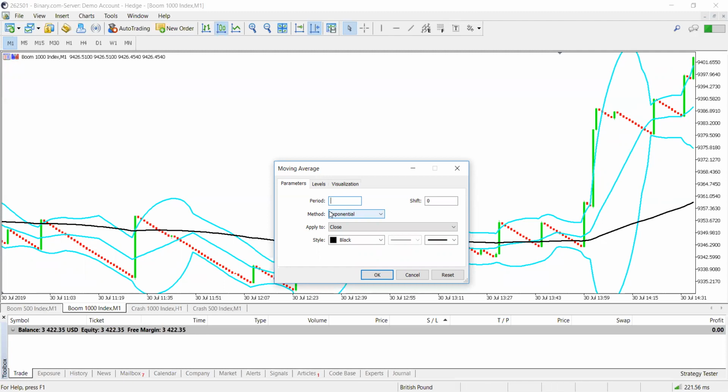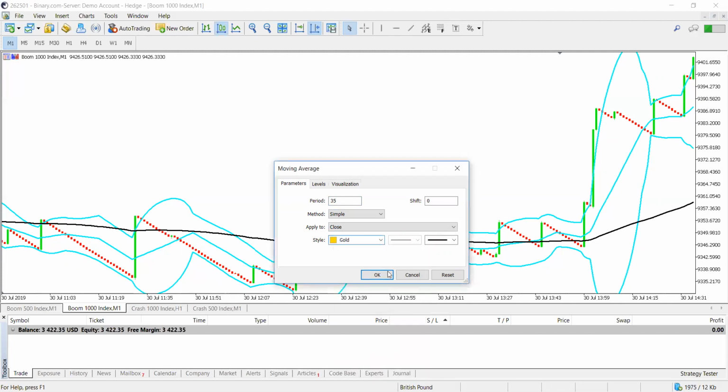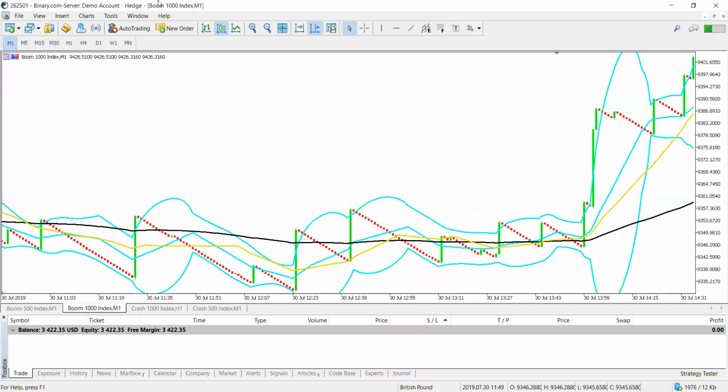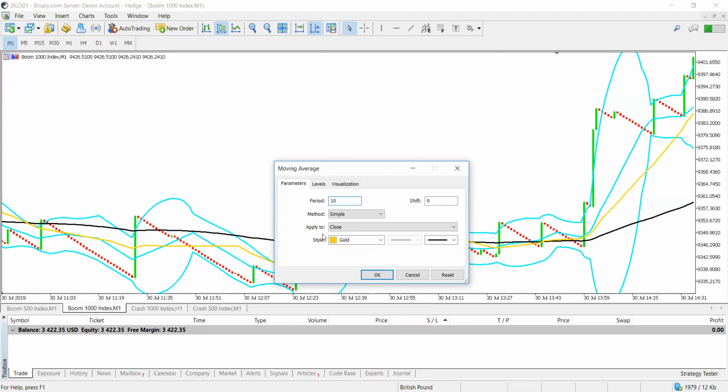The other indicator we put is period 35 SMA. I put it in color gold. And then another moving average that I add is moving average 10, and make that exponential in color red.